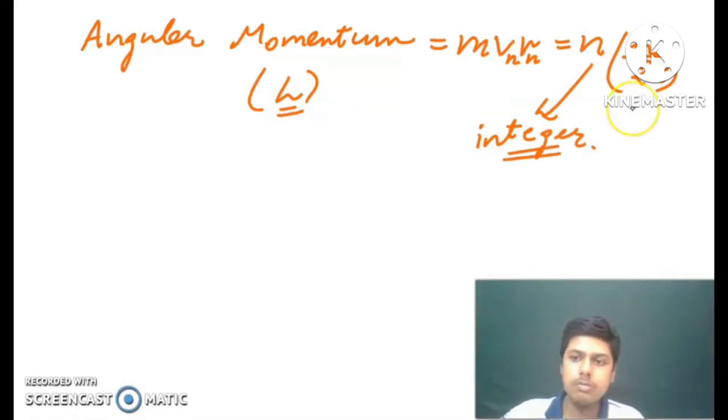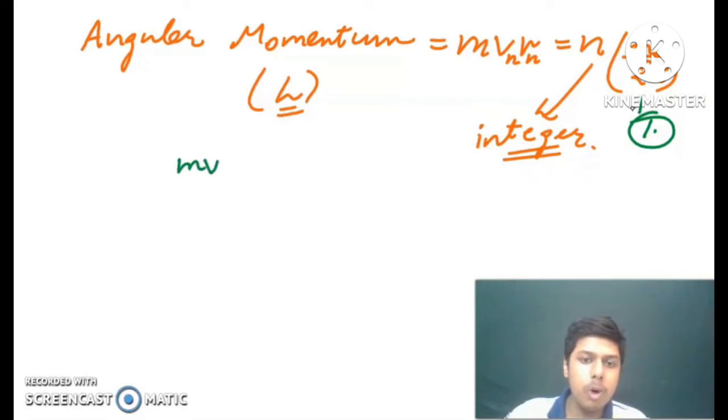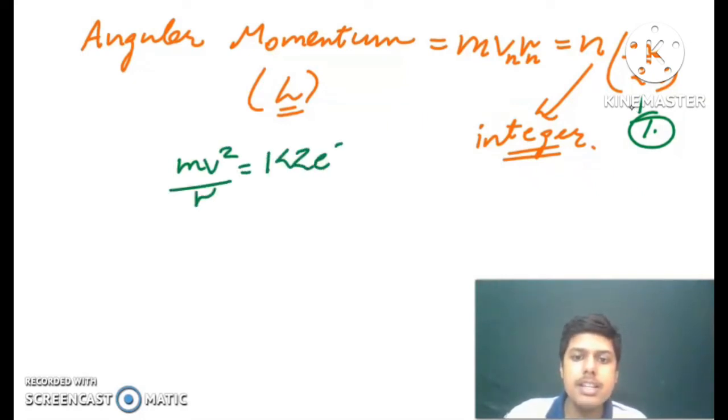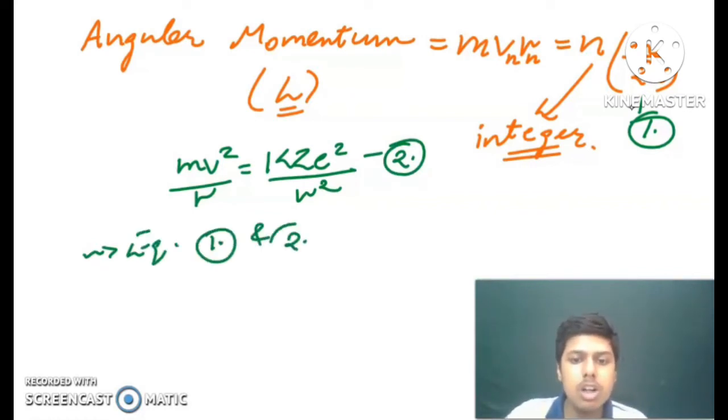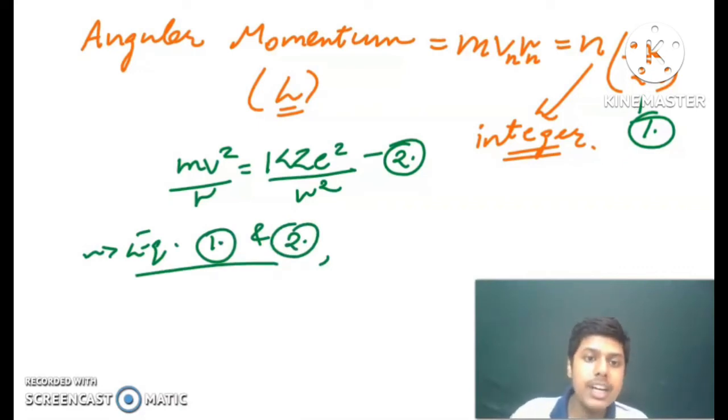Now, let me name this equation 1, and the equation which we wrote previously, mv square by r is equivalent to kze square divided by r square, this can be equation 2. Now from equation 1 and 2, what I can write is the formula of radius.